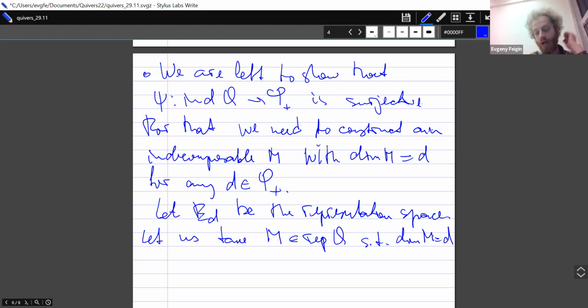Of course, this is going to be our indecomposable, but so far this is any M of dimension D such that the orbit of this M is of the maximal possible dimension.